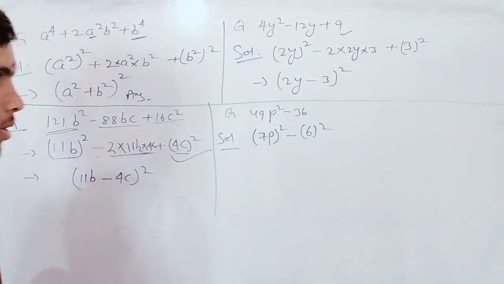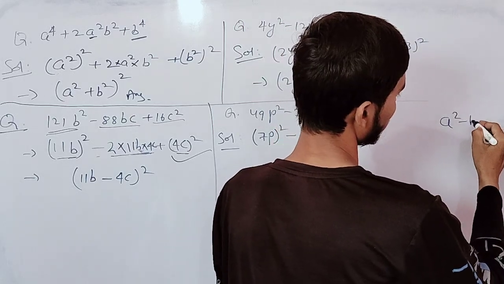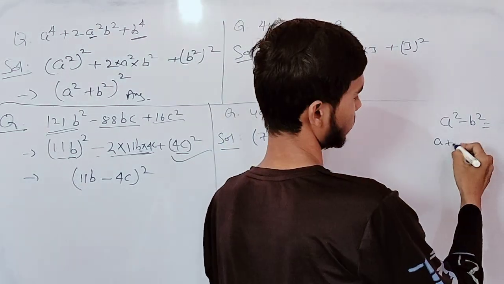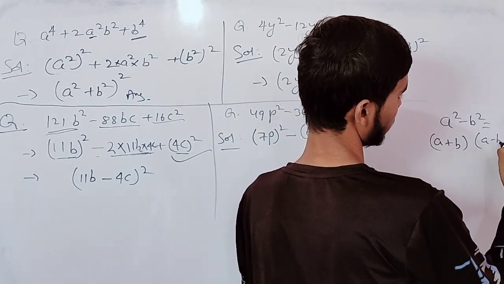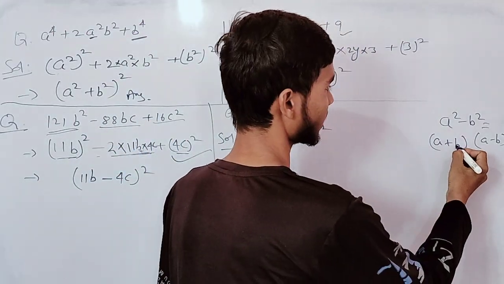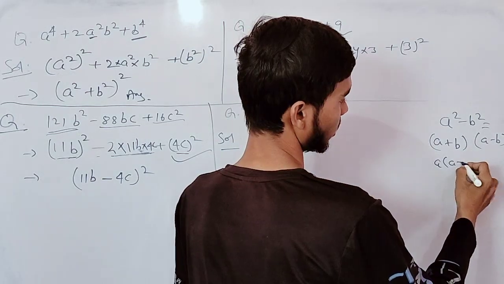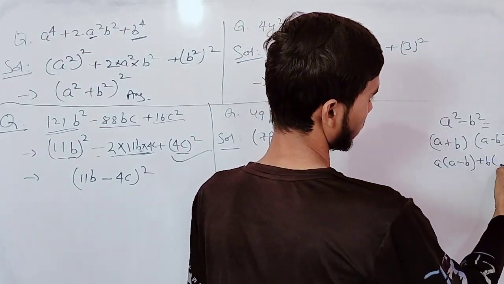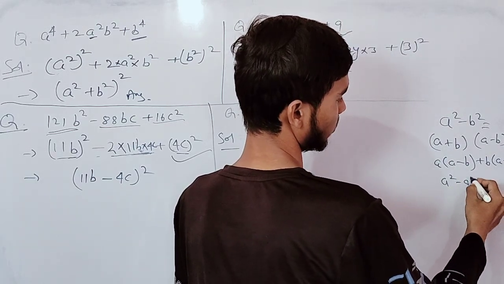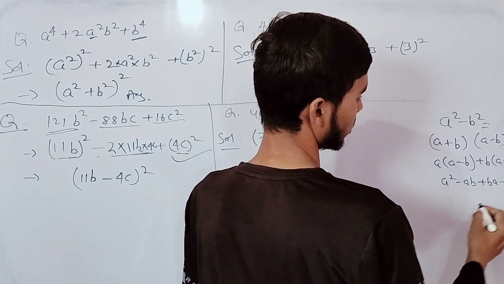Yes. Now here, another algebraic identity, as you know, is a square minus b square. It provides a plus b into a minus b. You can even check when you multiply this: a plus b, a minus b. You can multiply: a square minus ab plus ba minus b square.